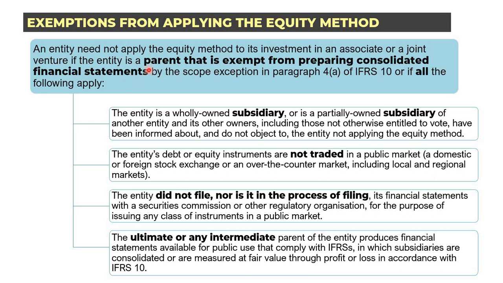And again, ang isang entity ay matatawag lang na parent if meron siyang subsidiary. At si parent, kaya siya tinawag na parent kasi meron siyang control over the subsidiary. So, ibig sabihin, nagkakaroon lang ng parent-subsidiary relationship kapag ang investor has control over the subsidiary.